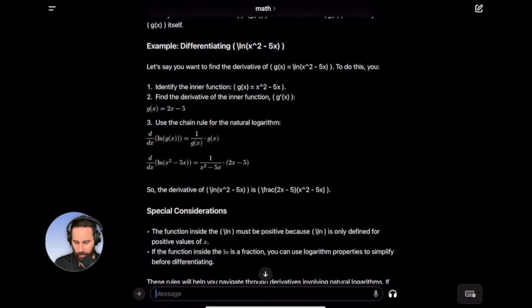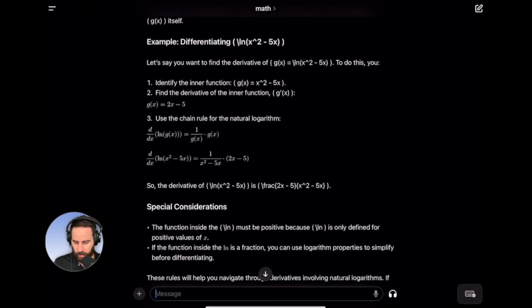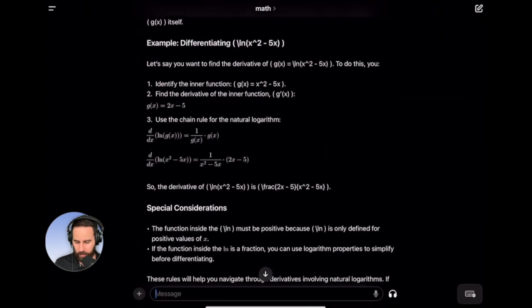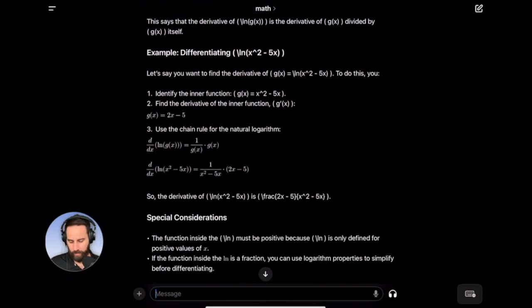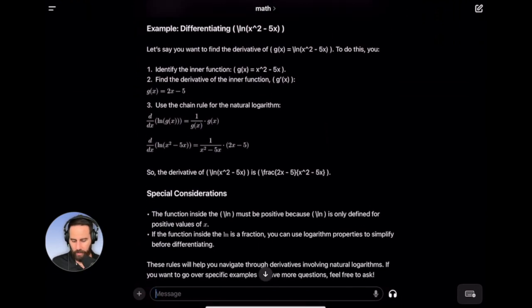Okay, example. The derivative of natural log of x squared minus 5x is 1 over x squared minus 5x. So then, it's 1 over the inside.